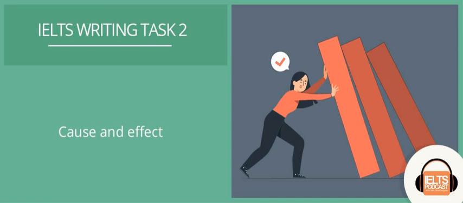In the first version, it then went on to say, one reason is that because of the pace of life nowadays, we do not find time to relax. In the second version, we have one is that the pace of life nowadays means that we do not always find time to relax. Two little changes there.